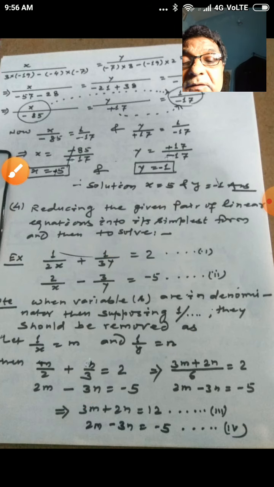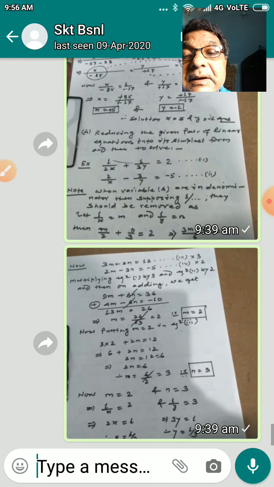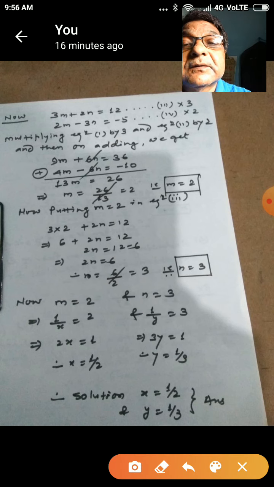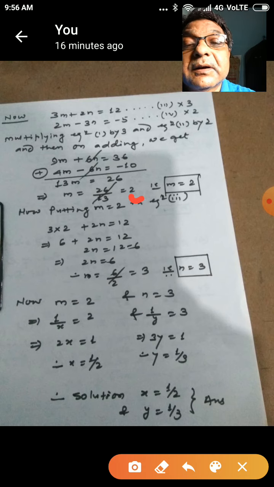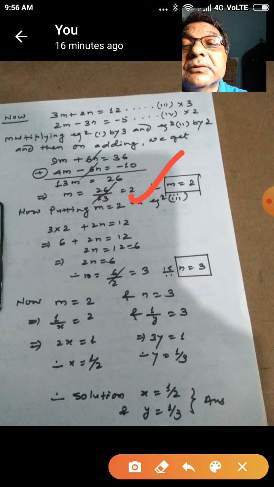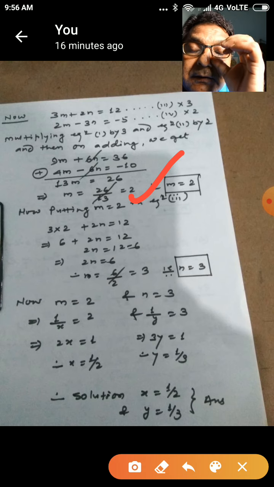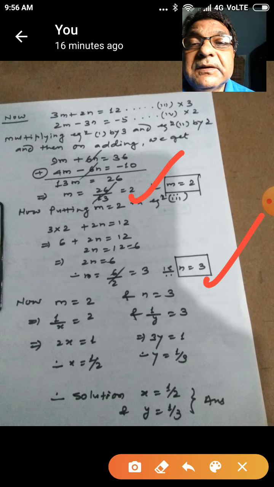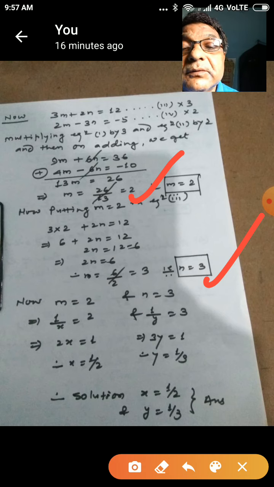So solving these two equations now by the elimination method, as I have done here, you see, just multiplying equation 3 by 3 and equation 4 by 2, and on simplification we got m equal to 2. Putting m equal to 2 in the equation containing m, that is either in 3 or 4, we got n equal to 3. So we have got the values of m and n.